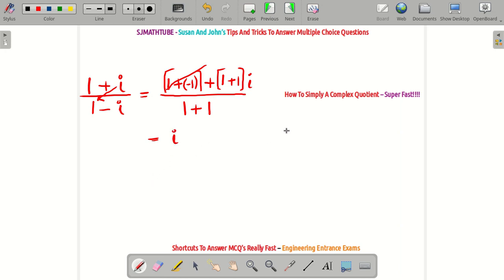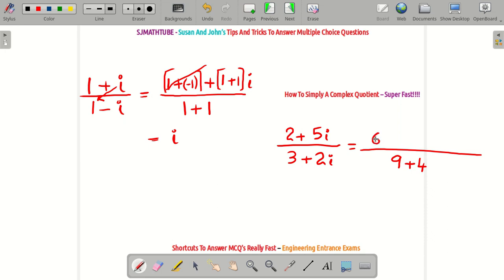Once more, let's try 2 plus 5i by 3 plus 2i. So what's the first thing to do? Okay, so square, square. That will be 9 plus 4. Now tell me what is 2 into 3, plus, what about 5 into 2? 10.